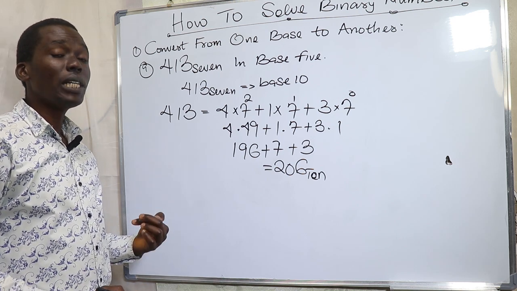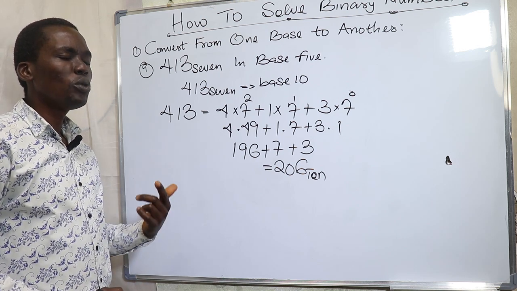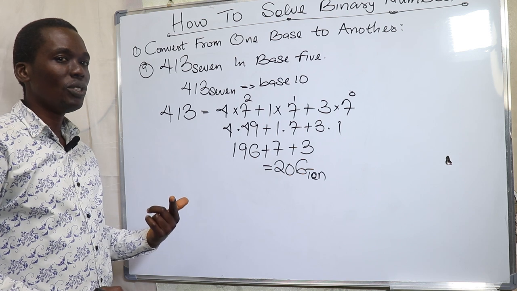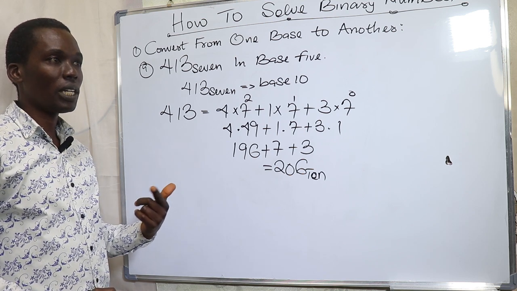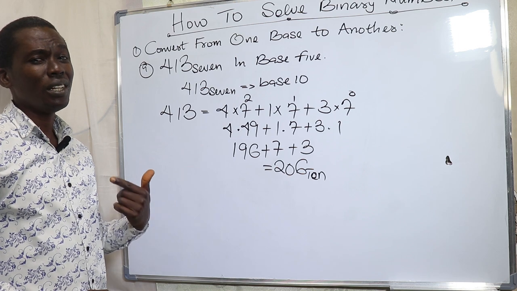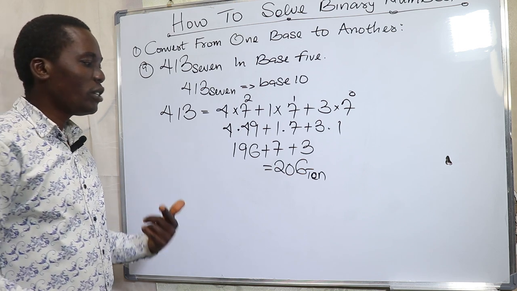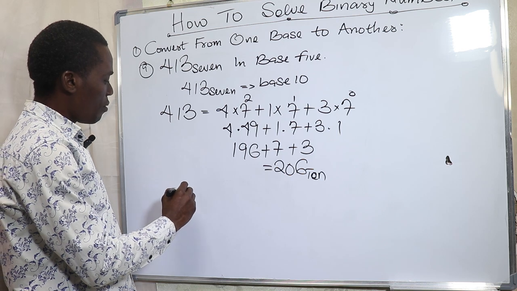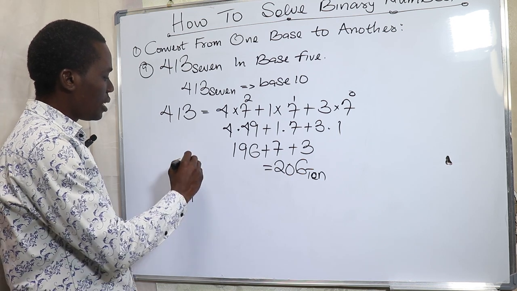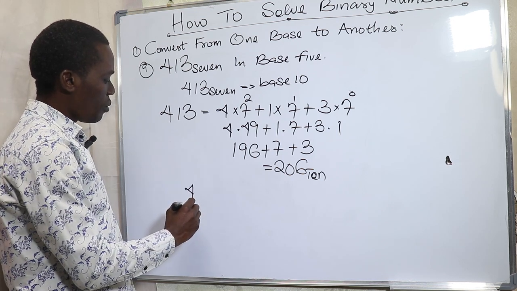Now for the other method, we might want to look at solving it using what we call the successive multiplication method, and I bet that method is a bit easier. Now why do I call it a successive multiplication method? Now I have my 4, right? This is representing 4.